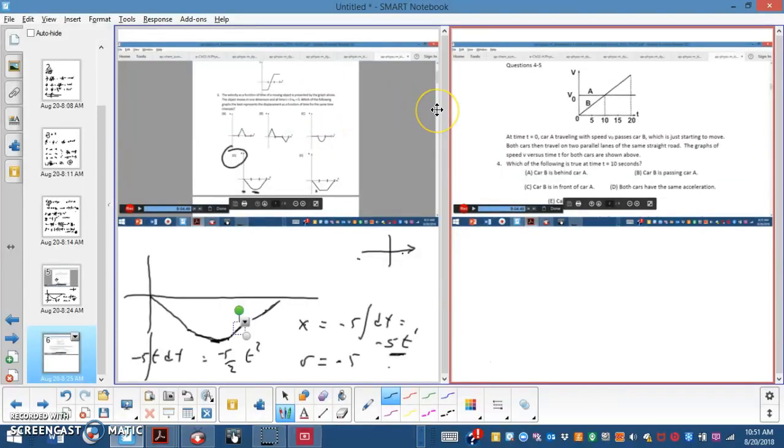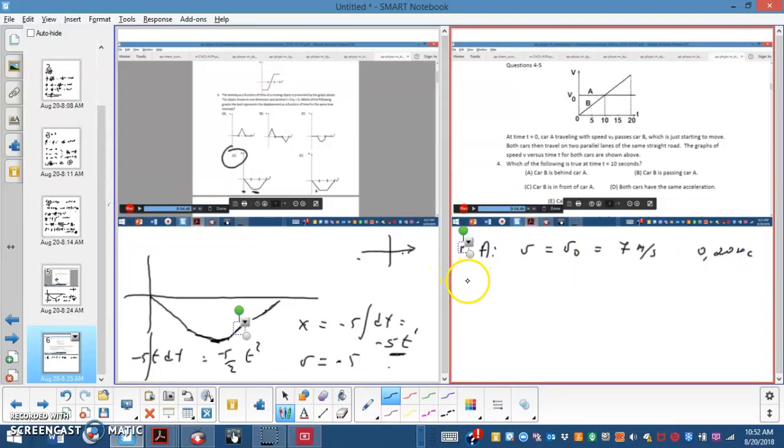Let's say we're looking at car A, right? For car A, we can say that V is equal to V0 all the time. For example, it's a fixed number, let's say 7 meters per second, and this is between 0 and 20 seconds.